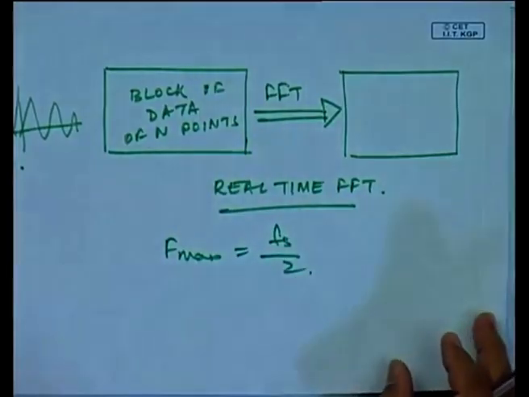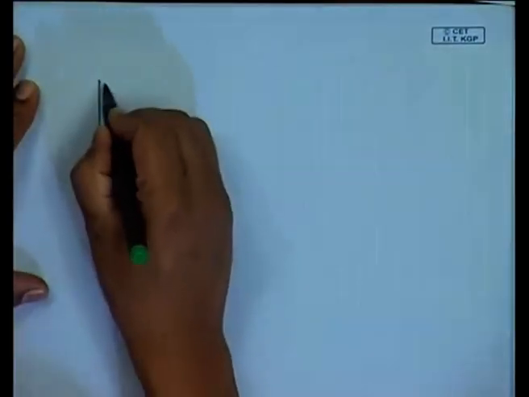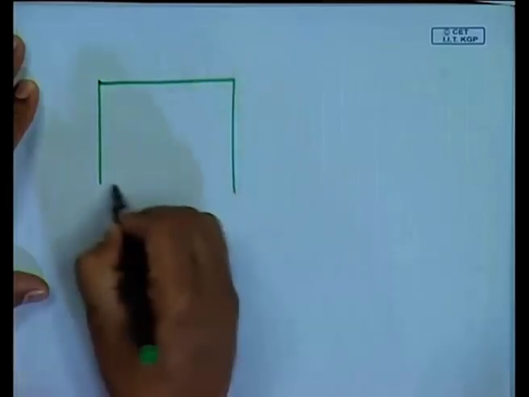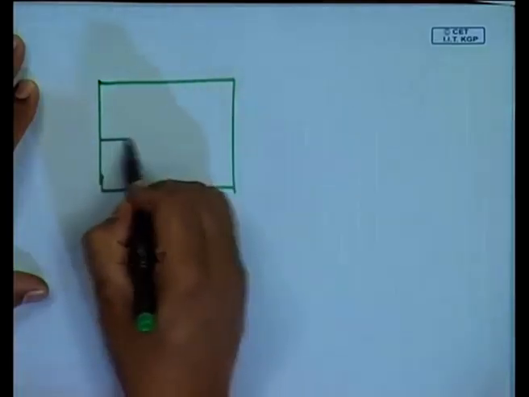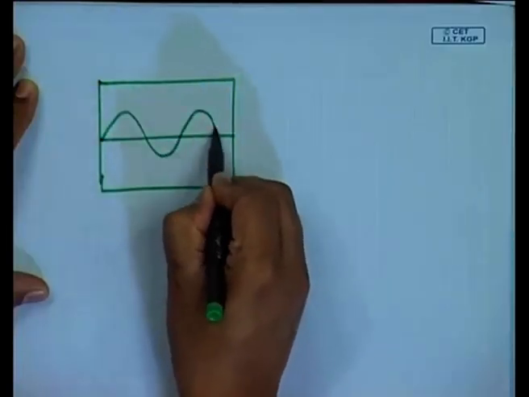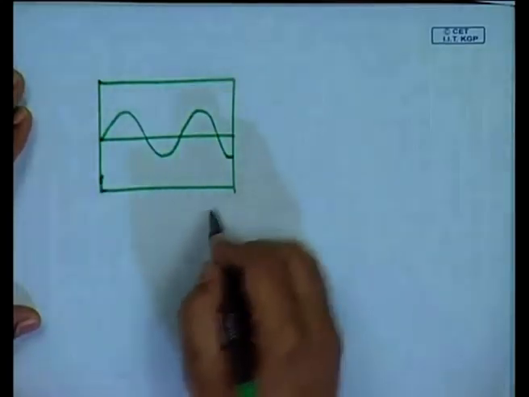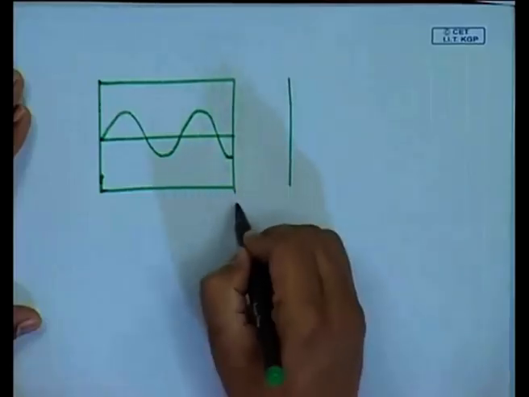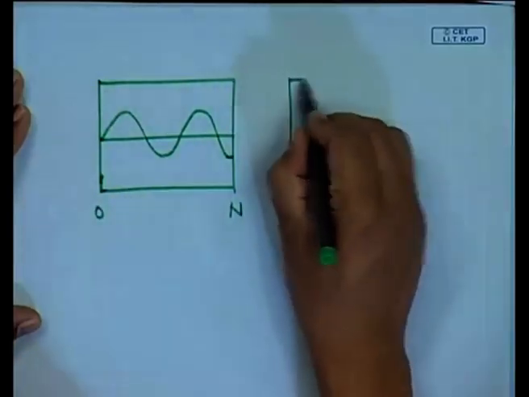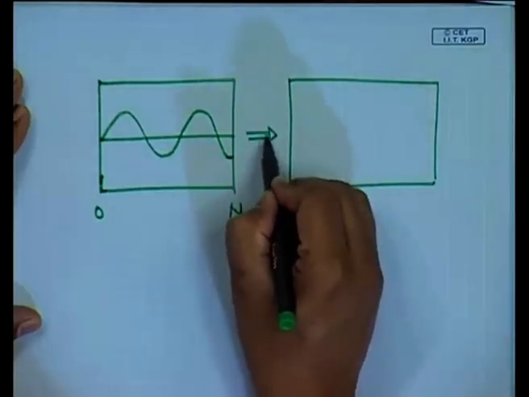Now, how do we ensure that the FFT which we have done is correct? For example, let us take the case of a sine wave. For clarity, I am drawing all the lines. This is contained in such blocks of data, and then I am doing an FFT.